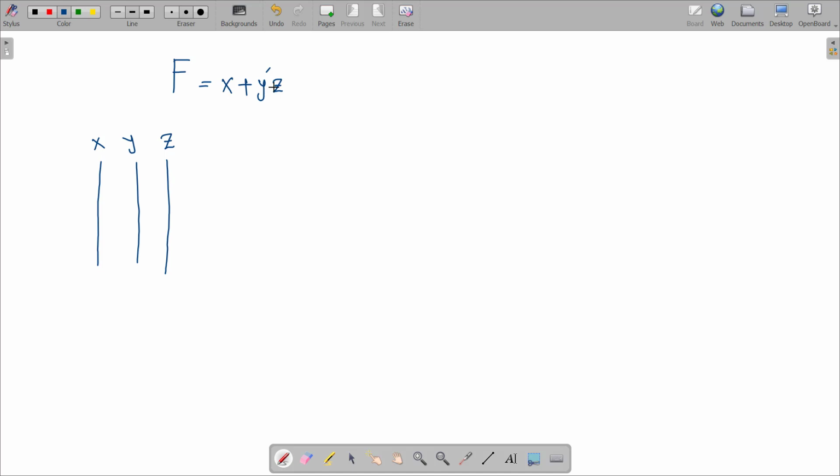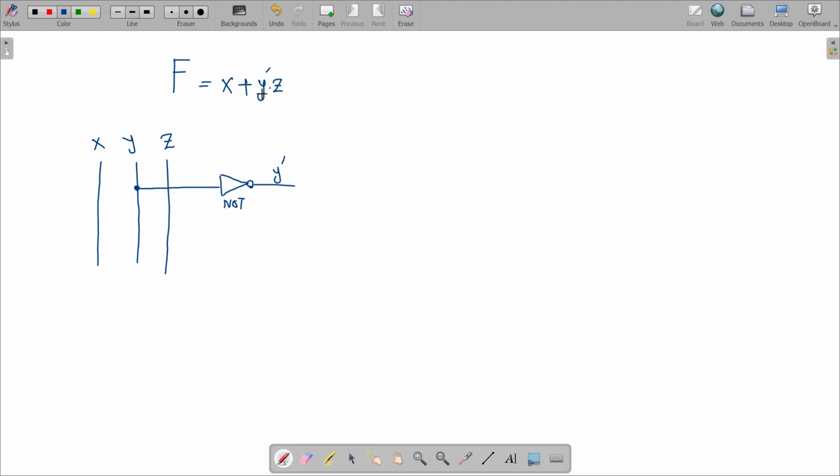Now, you can see that y will be complemented, so I have to use a NOT gate for producing the y prime. Now I draw a dot here. This is the NOT gate, so here we will have y prime.